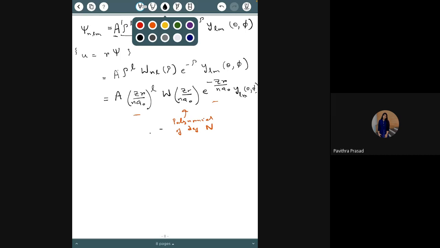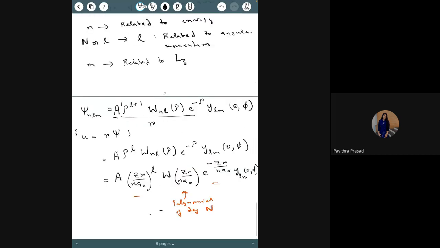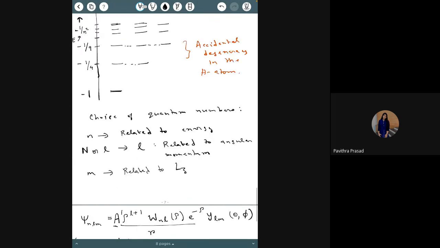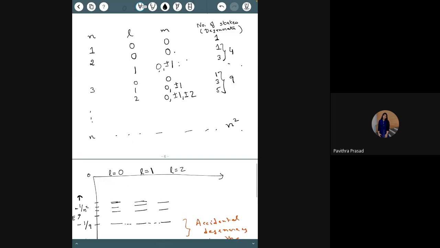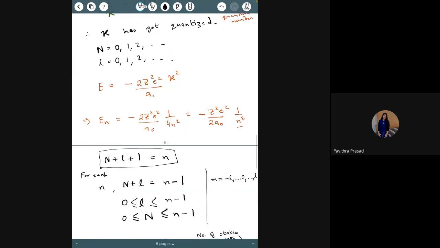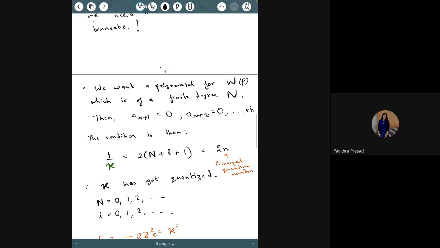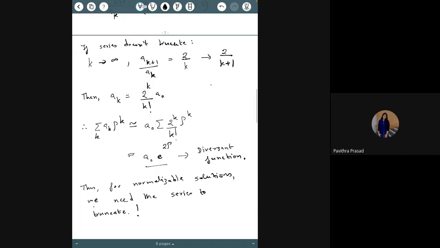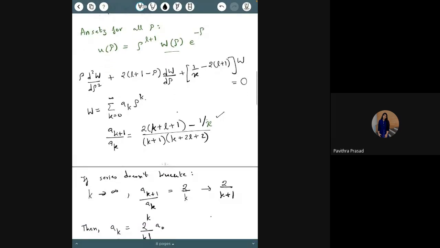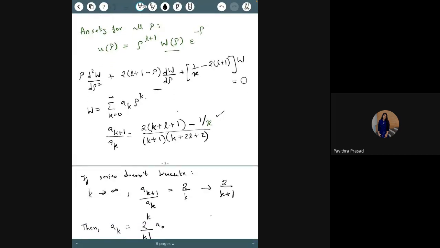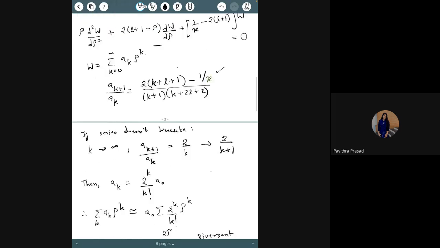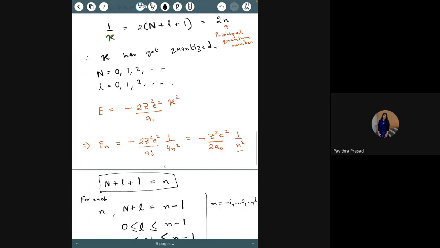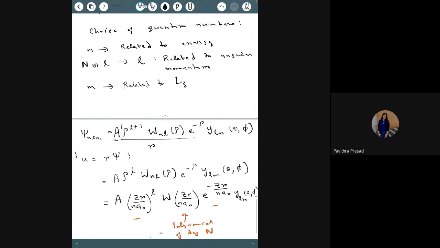So this is it. And what about the form of W? So I told you that we tried to get our equation in a form which is a standard form. But then I didn't end up telling you what the solution to the standard form was. So the standard form that we got with the W is this one. Okay. Now mathematically, the solutions to this equation are what are called Laguerre polynomials.